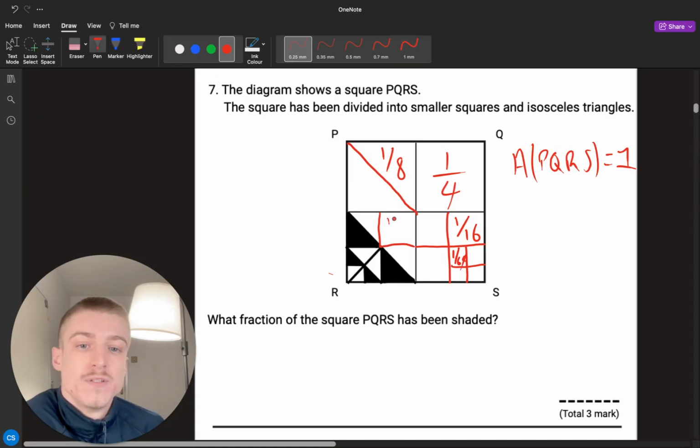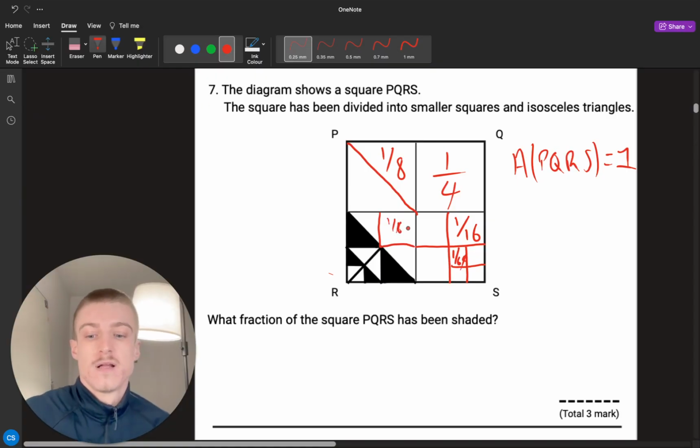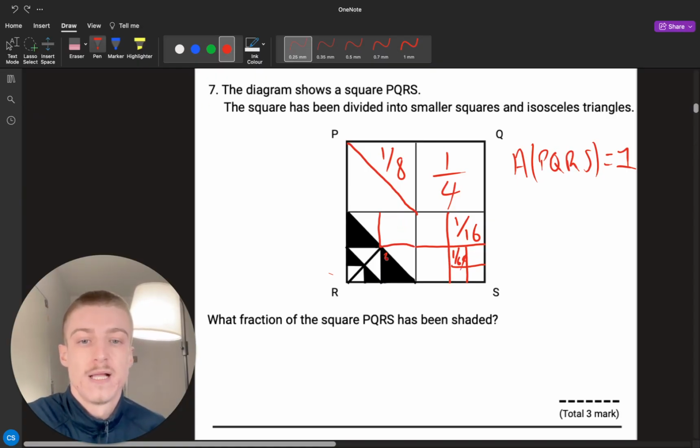This is going to be 1/16. And if we move this black triangle here up to the left, then an entire corner is shaded, which gives us 1/16 shaded. Okay. So these 2 triangles here, 1 and 2, they're going to be 1/16 of the area.